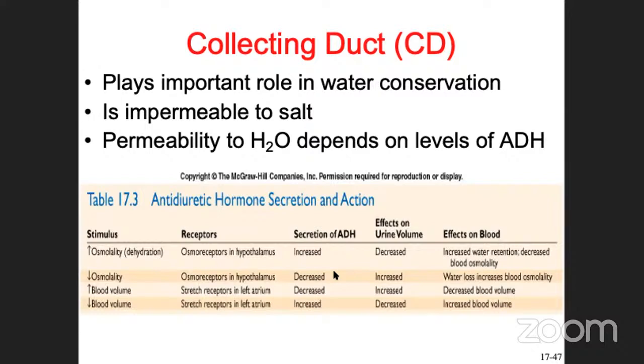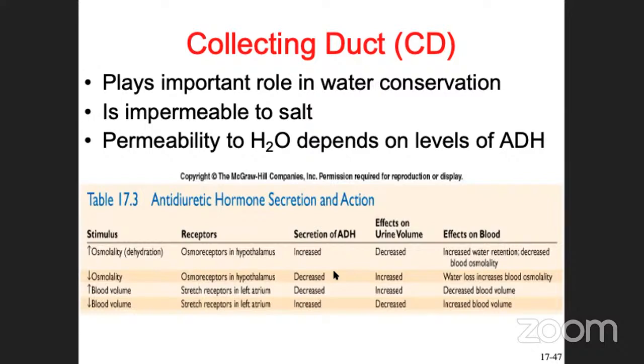So it tries to compensate by secreting a lower amount of ADH, but then you will urinate more frequently because your body now has lots of water. So the effect on blood is that the water loss will increase the osmolality. If you excrete more water, it means your blood concentration will increase, all right?